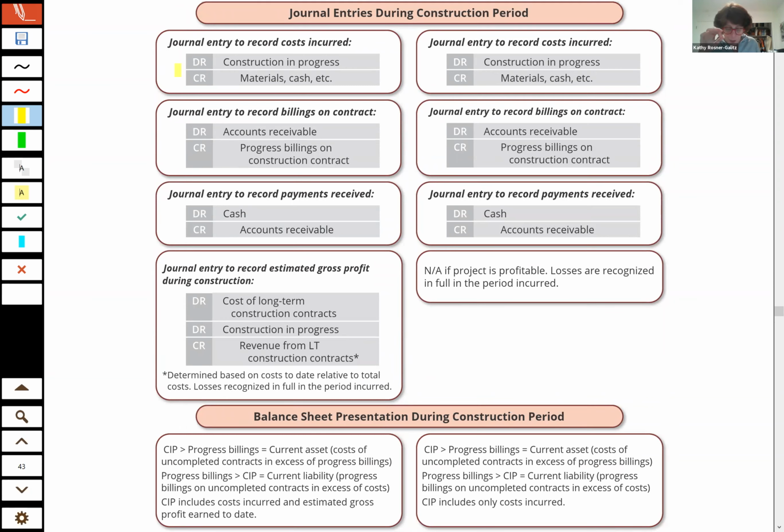For those two items that have debits, the cost of long-term construction and construction in progress, am I looking at inventory type accounts? The cost of long-term construction is an income statement account. This is an expense. And this is the asset, construction in progress.